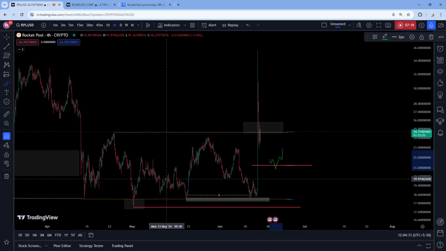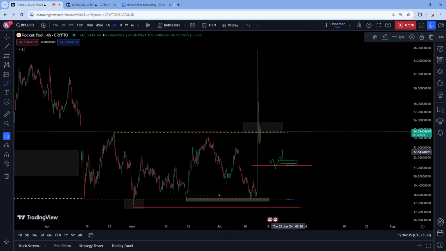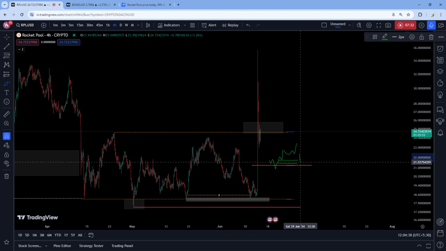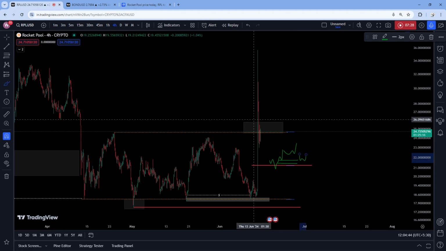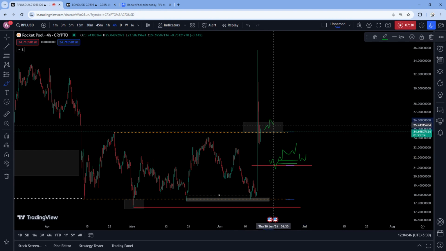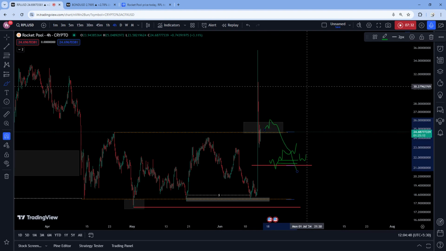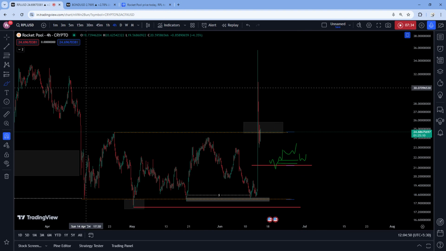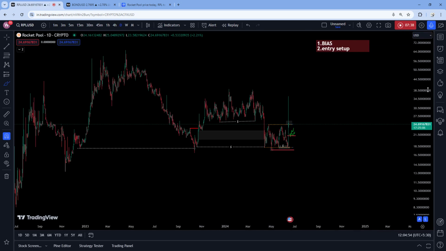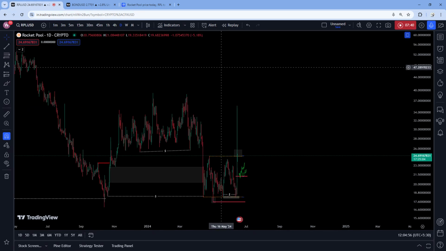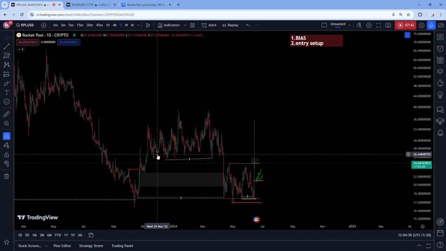A similar thing: break of structure, a fair value gap, liquidity build up, then target this fair value gap and take a long position here. Or I'm expecting price to get rejected somewhere here and come down. But if it doesn't, like if it keeps going up, see if we have a clear support region here.